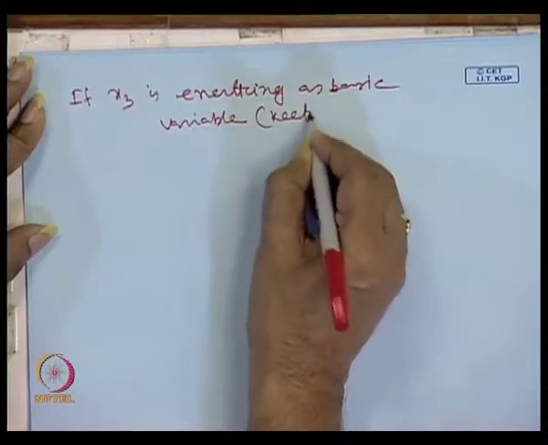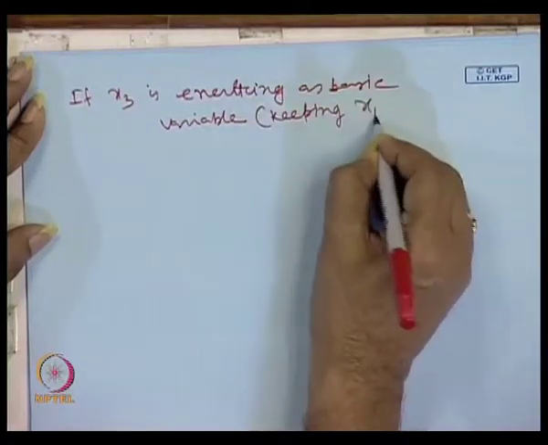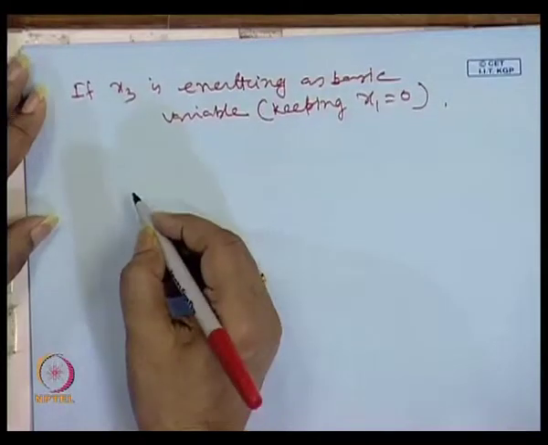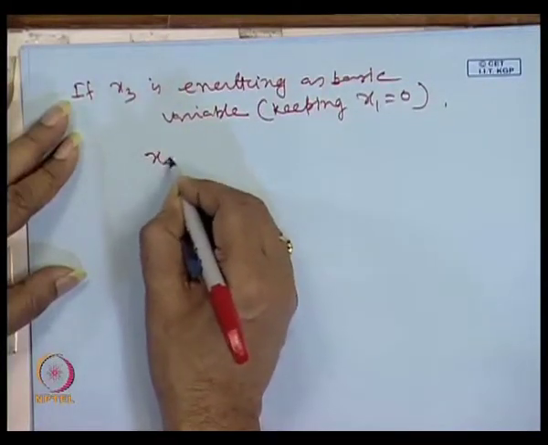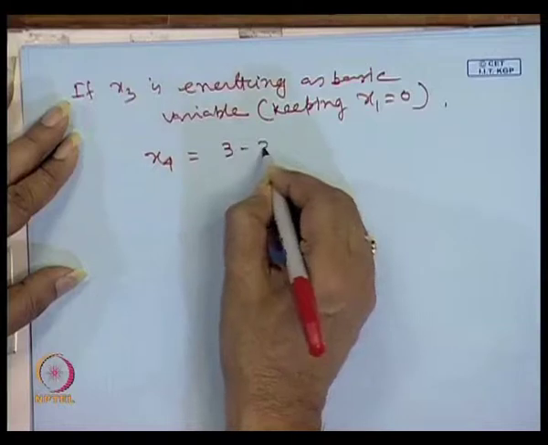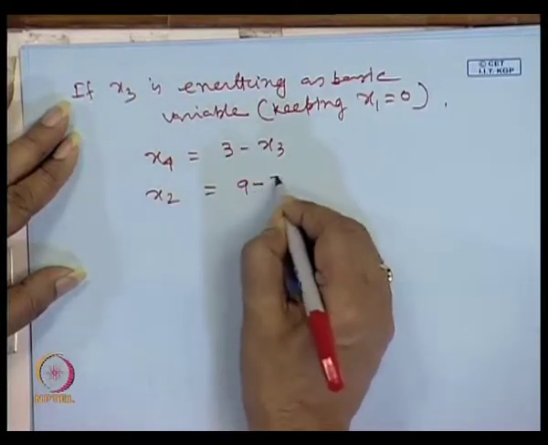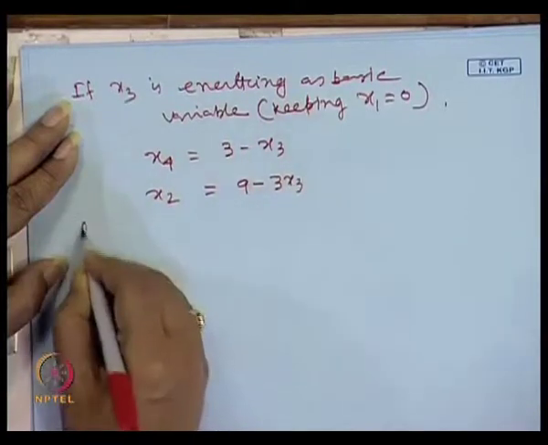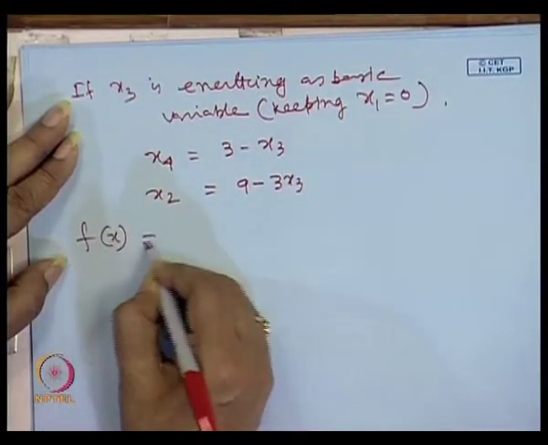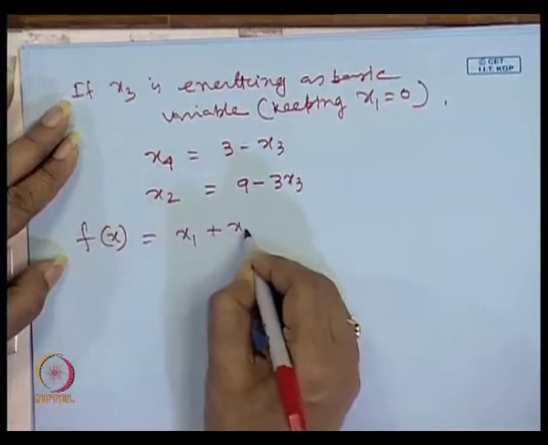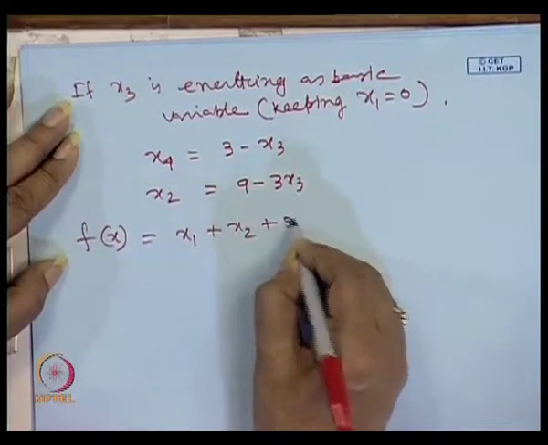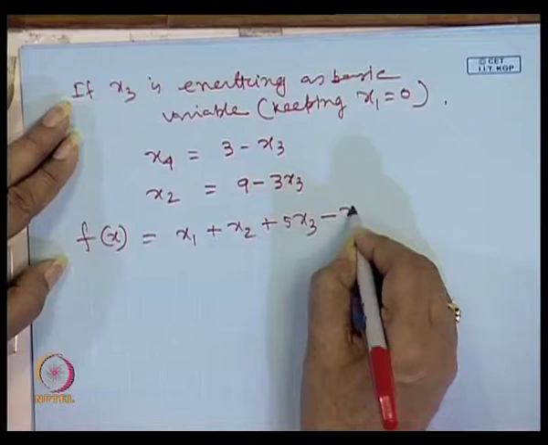keeping x 1 equal to 0, then what will we get? From this equation, x 4 is equal to 3 minus x 3 and x 2 is equal to 9 minus 3 x 3. And what is our corresponding objective function? x 1 plus x 2 plus 5 x 3 minus x 4.